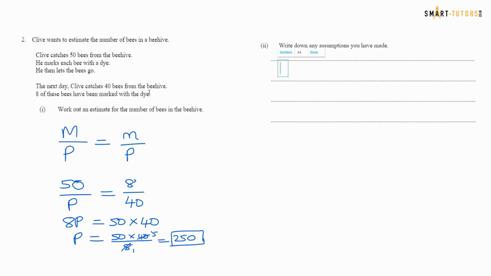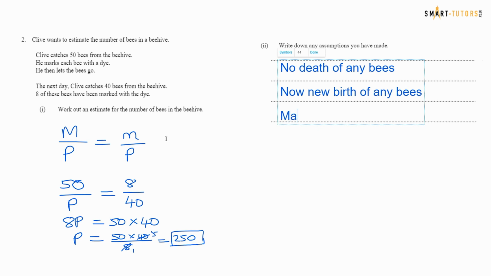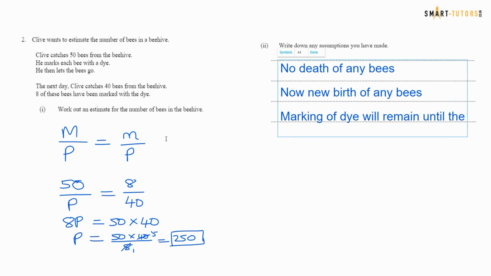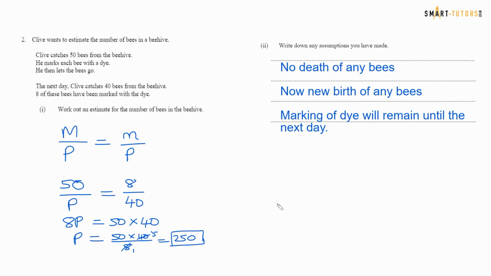So the assumption you can say: no death of any bees, no new birth of any bees, and the marking of dye will remain until the next day. Right, so that is the assumption we need to learn from there.